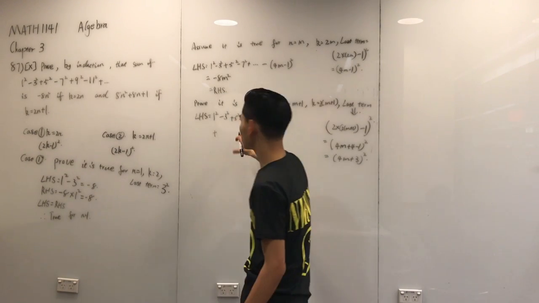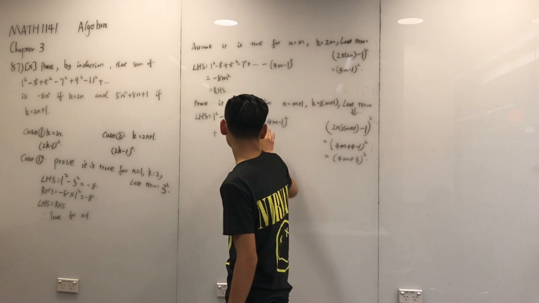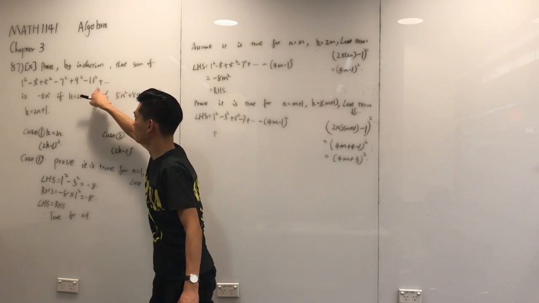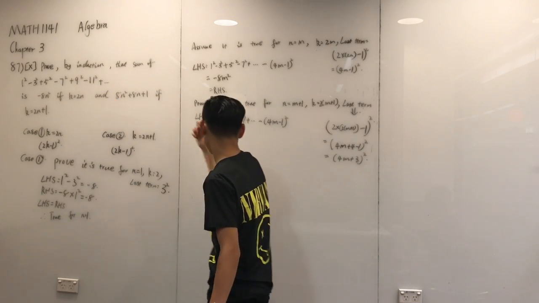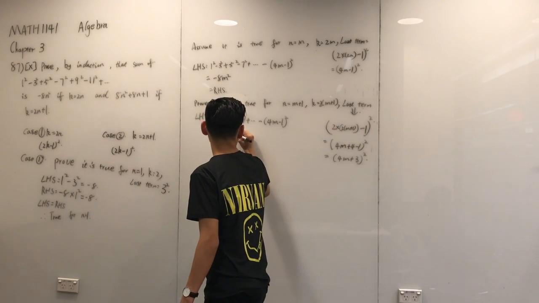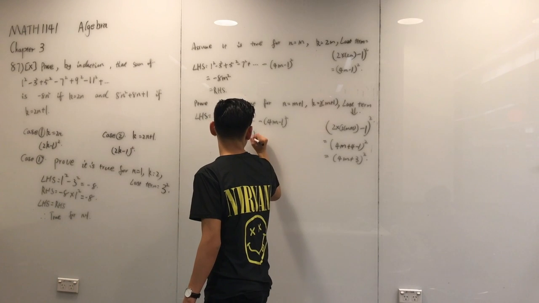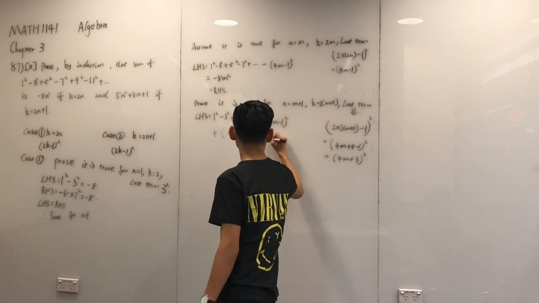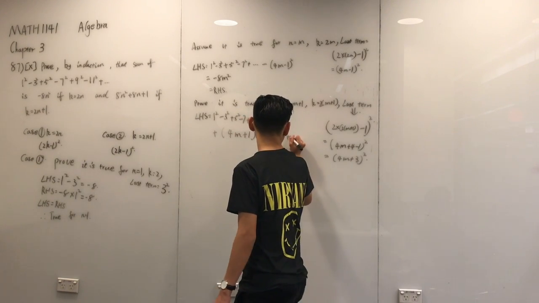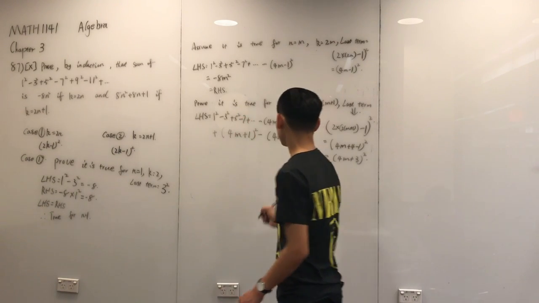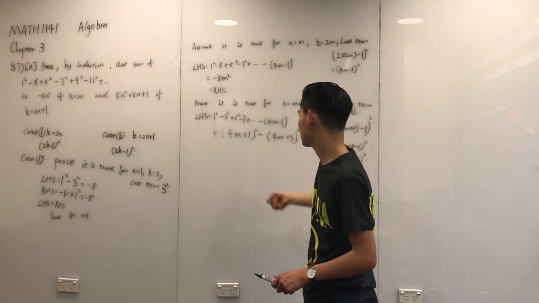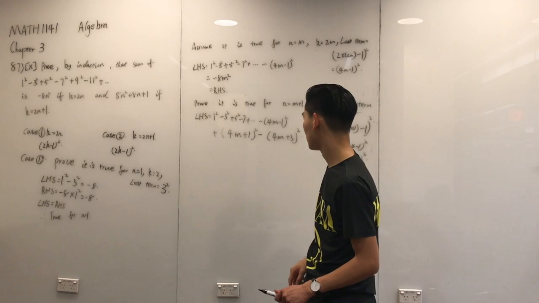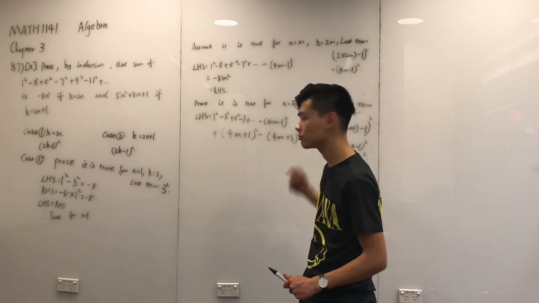And plus the next term, which will be the previous term plus 2, so (4m plus 1) squared, and then plus 2 again, which is the last term, (4m plus 3) squared, right? Makes sense. 4m minus 1, 4m plus 1, 4m plus 3, and the signs go minus, plus, minus.